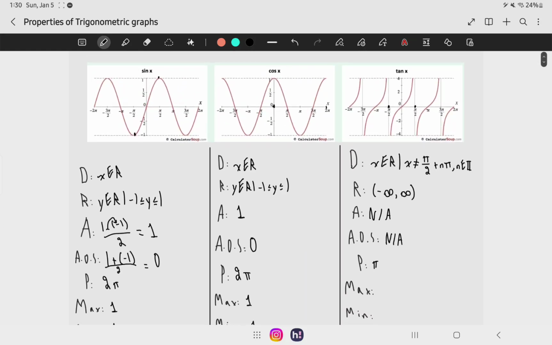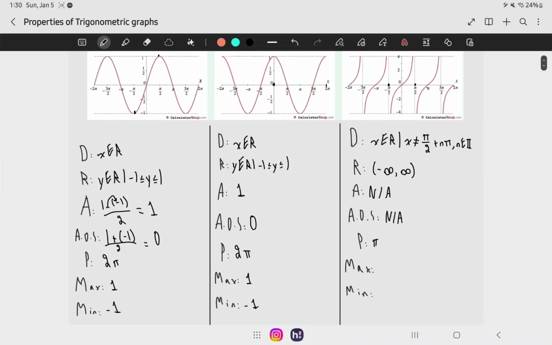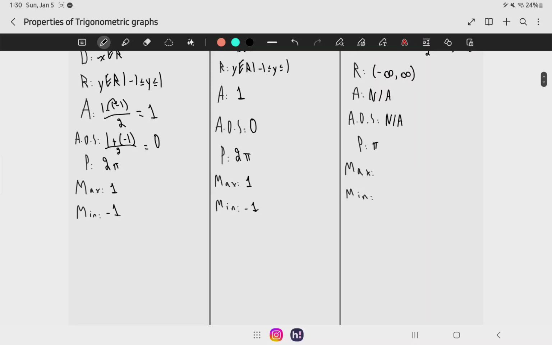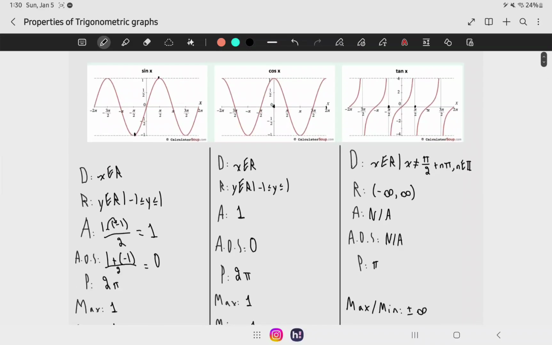For tan x, you could just say infinity or negative infinity. So I'm actually going to replace the max and the min with max slash min, and I'm going to put plus or minus infinity, just to show that it has no uppermost point or lowermost point.